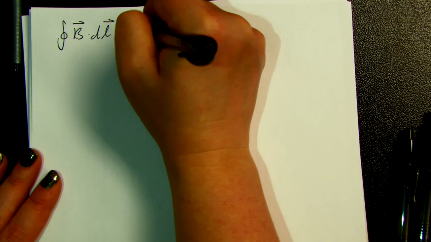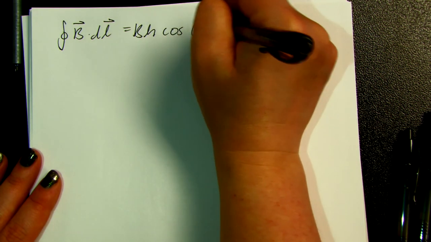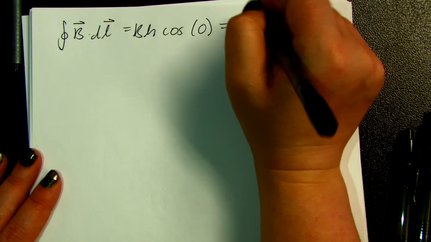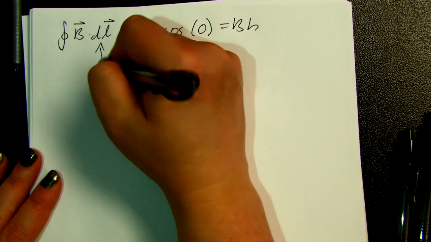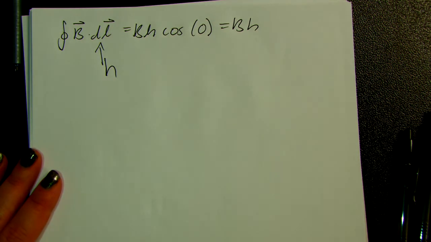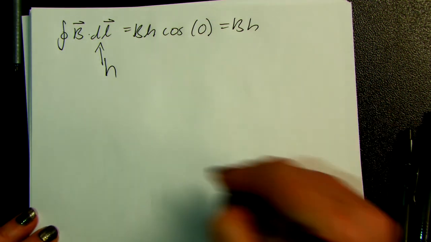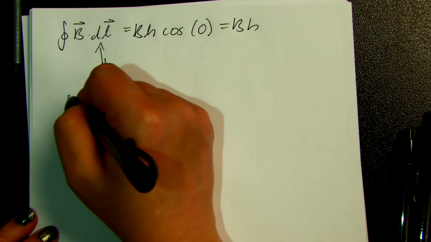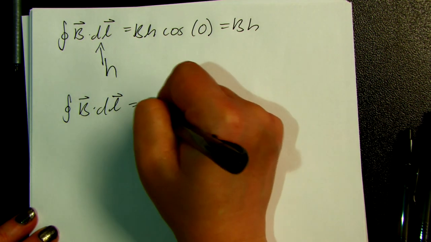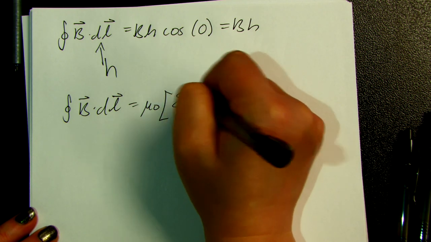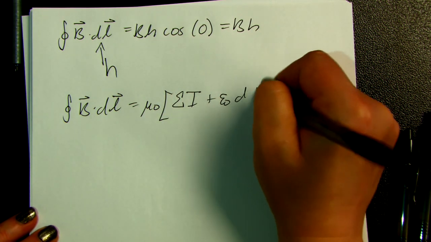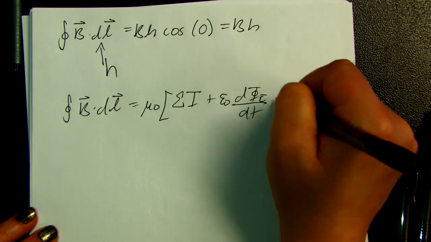It's like the B side of the record. So B dot dl is equal to BH cosine of 0 is equal to BH. This is because dl is just h. It does not look like an h, now it does. So if we put it all together, B dot dl is equal to mu naught, sum of the currents enclosed plus epsilon naught times change in electric flux.